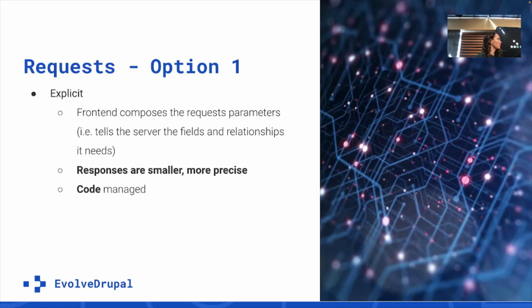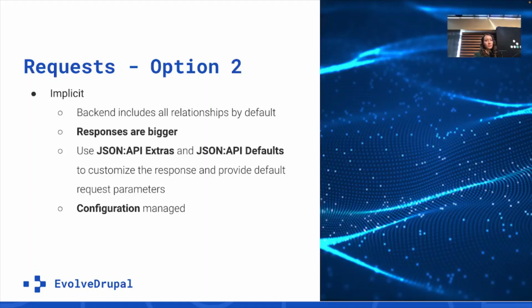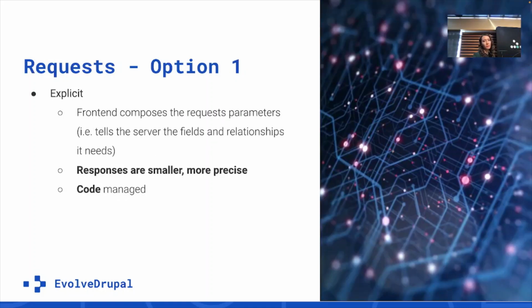So the first option is that you let the front end decide what it needs, and it allows you to end up with a very small response. JSON API can give a huge response, but if you know what you want, you can end up with a very small one. But again, it's a bit more complicated because you have to make sure that your front-end developers understand the JSON API spec, and it's all well documented.